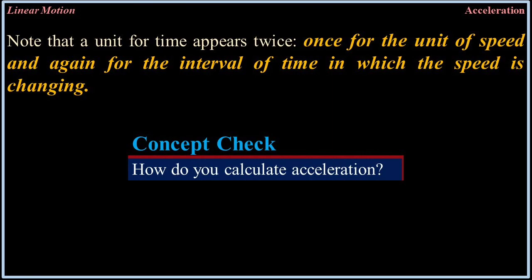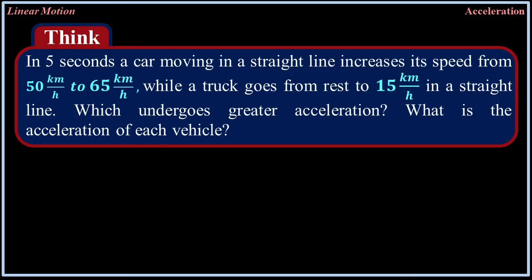How do you calculate acceleration? Think. In 5 seconds, a car moving in a straight line increases its speed from 50 kilometers per hour to 65 kilometers per hour, while a truck goes from rest to 15 kilometers per hour in a straight line.